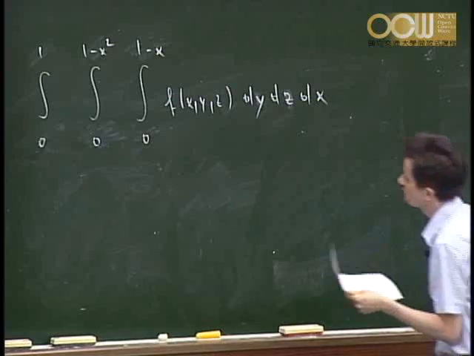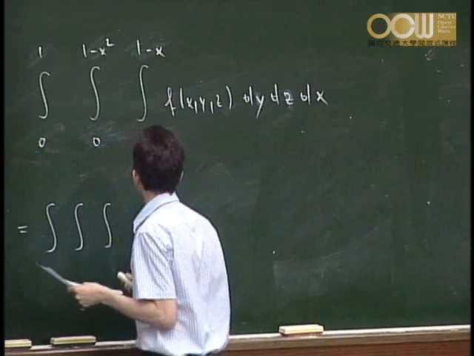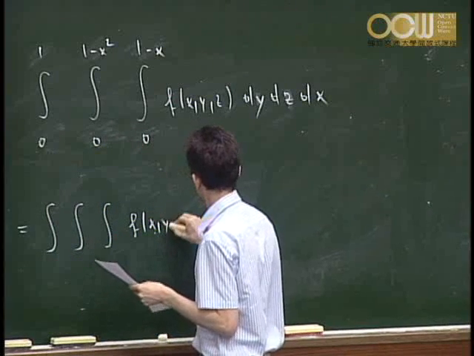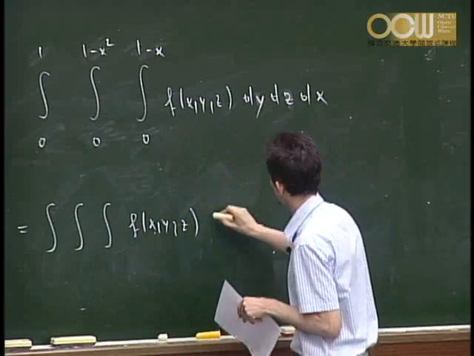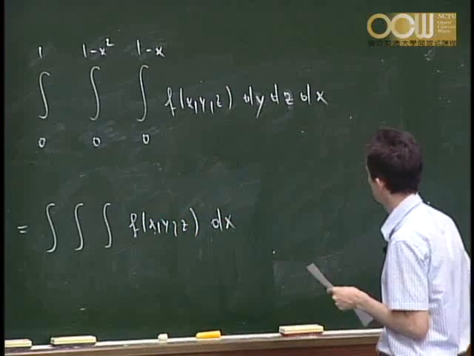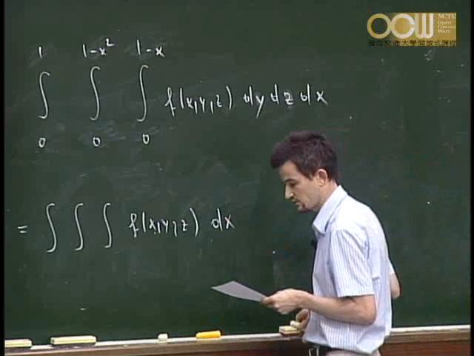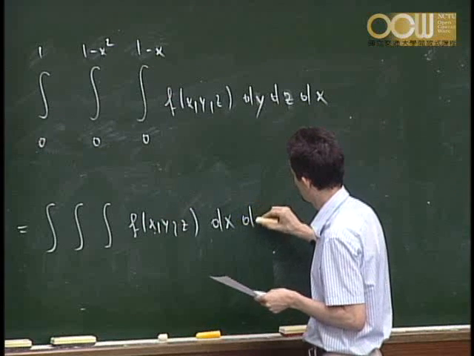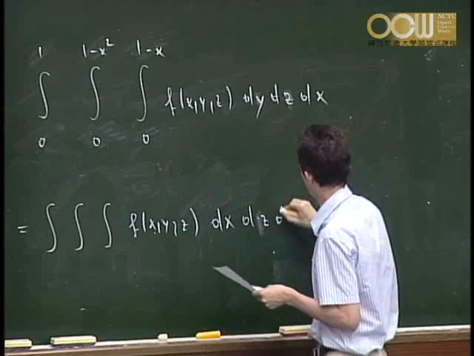And how to change it? I think the interesting one is where the last one is with respect to x. The first one doesn't really matter, so let's say dz dy.